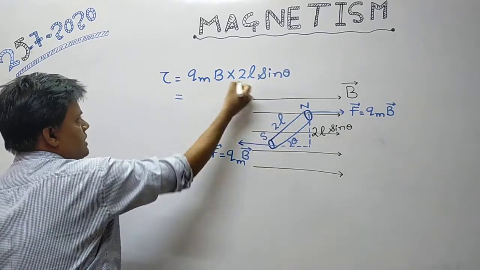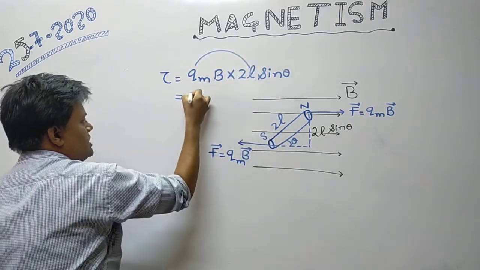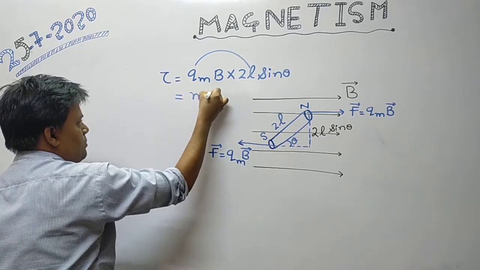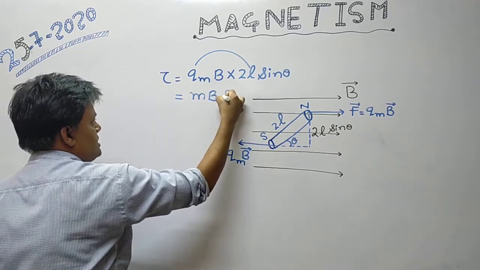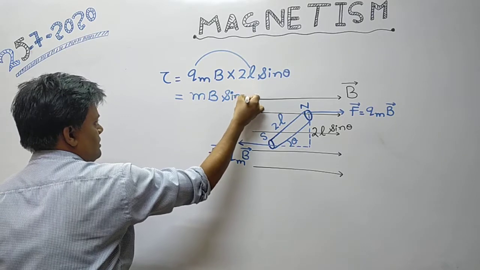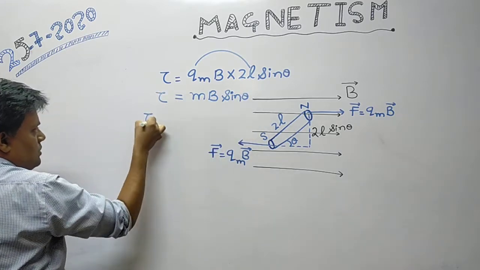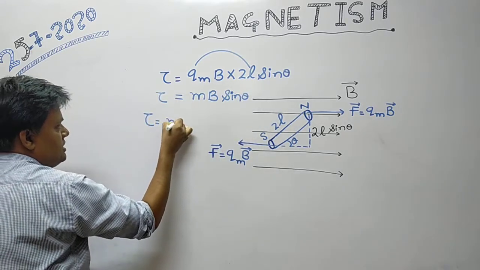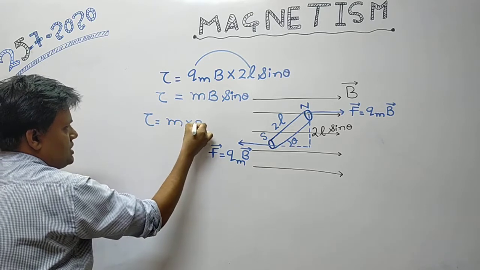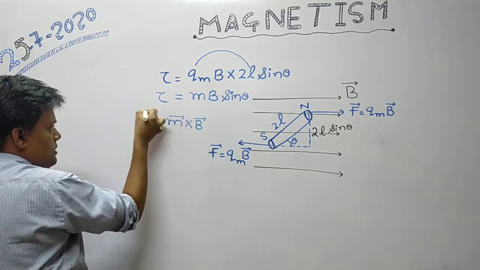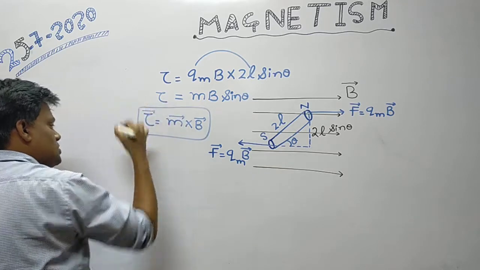Now Qm into 2l, this is called M, the magnetic dipole moment. This B, and this is sine theta. So tau equals MB sine theta, or in vector notation, this is M cross B. This is the torque.